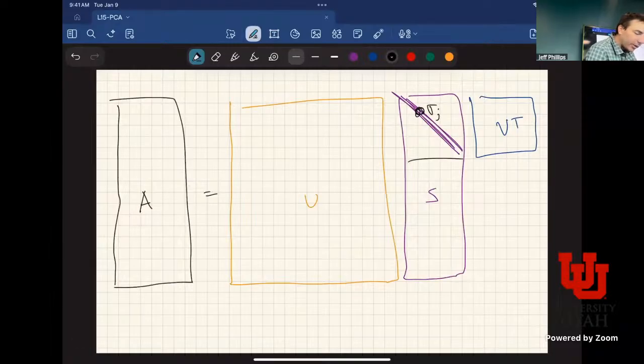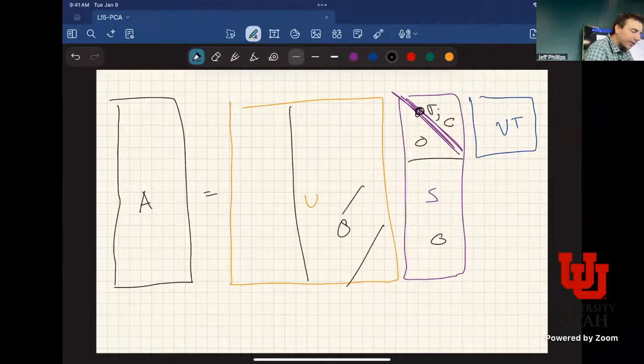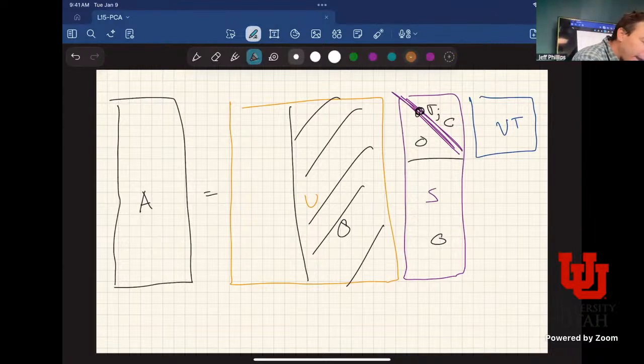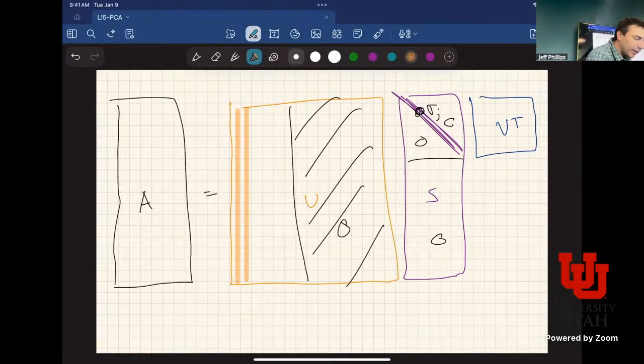This was all zeros here, remember, and so this didn't matter because it was multiplied by all the zeros, although these are going to be unit vectors and orthogonal to each other and everything here. Then these guys are going to be the left singular vectors. These are the right singular vectors here.